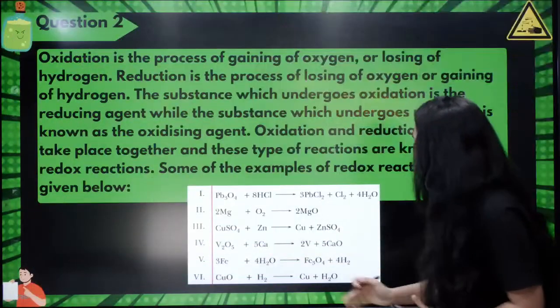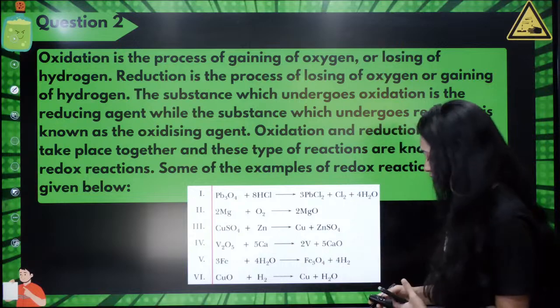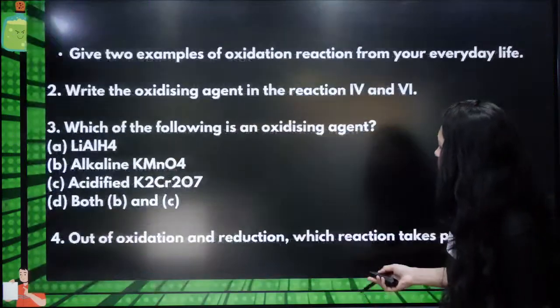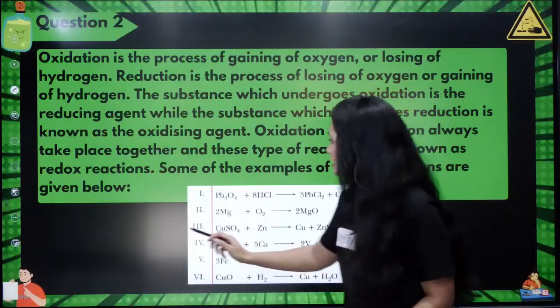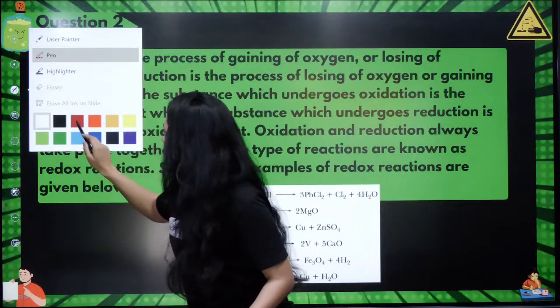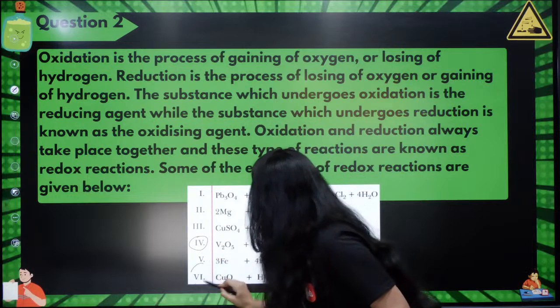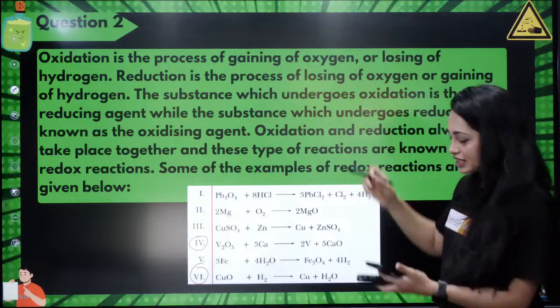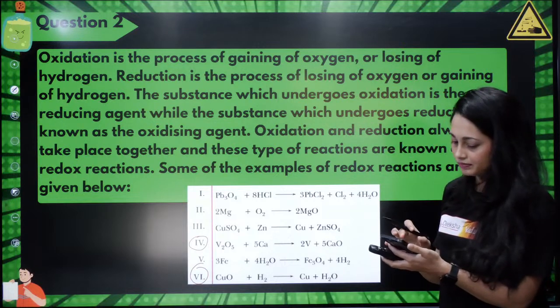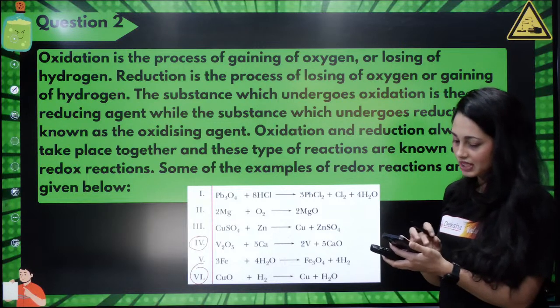So, see here, 4 and 6. Oxidizing agent they have asked. Which is the oxidizing agent in the 4th and 6th reaction, here and here? Tell me the answer. They have already defined what is reducing agent and oxidizing agent.